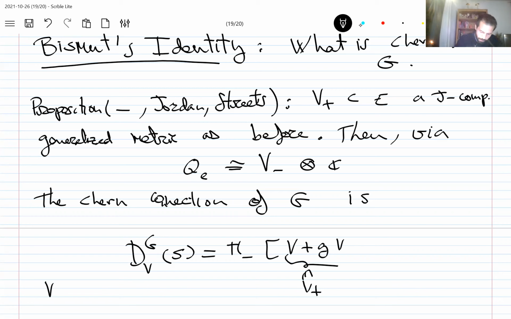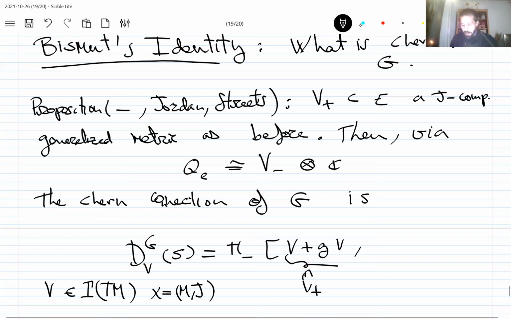So here b is just an ordinary vector field on my manifold. And now I take a bracket with s, and this expression is just using the Dorfman bracket.